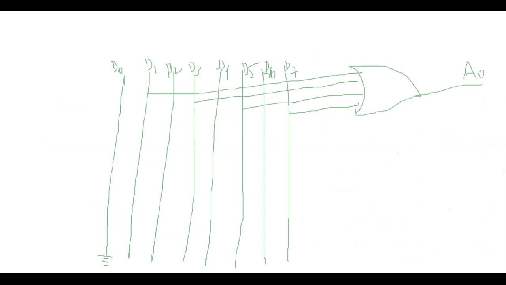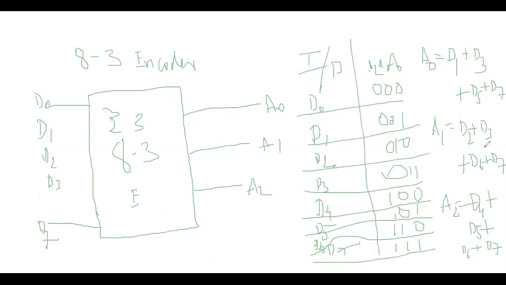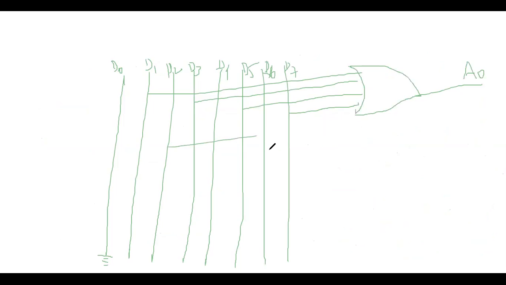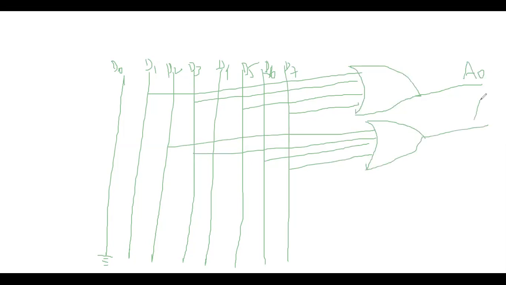Alright. And the next one you can see the D2, D3, D6 and D7. All it is the plus values. You get the A1. Okay. And the last is 4, 5, 6, 7.